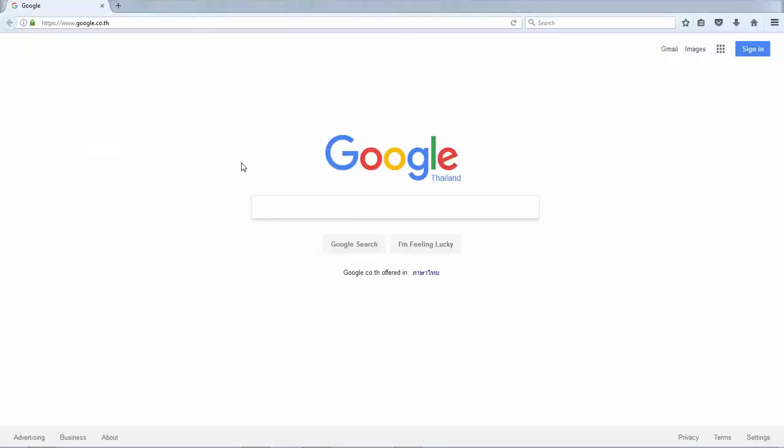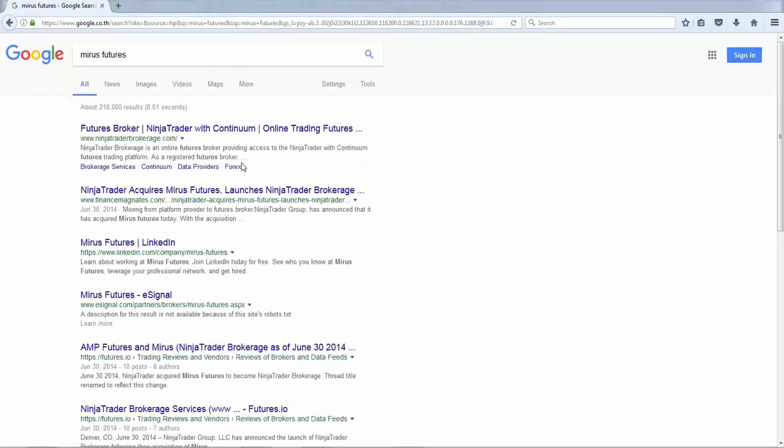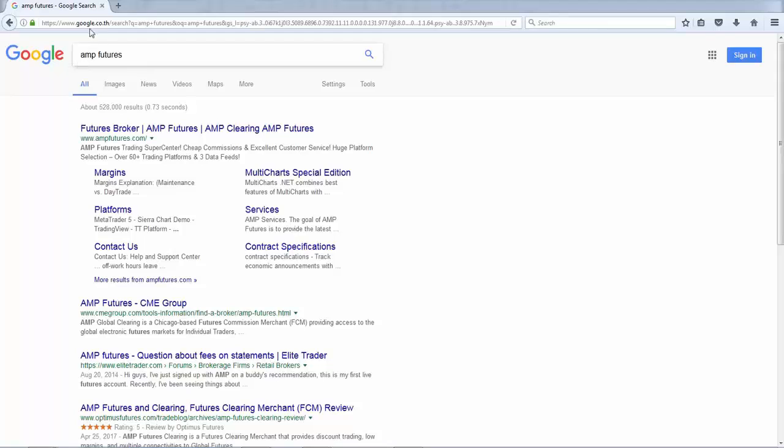First, I could show you the cheapest, which is like Mirus Futures. They use NinjaTrader, or AMP Futures. These are just two. There's lots of them actually. Both of these brokers, as far as I know, require $500 for margin.